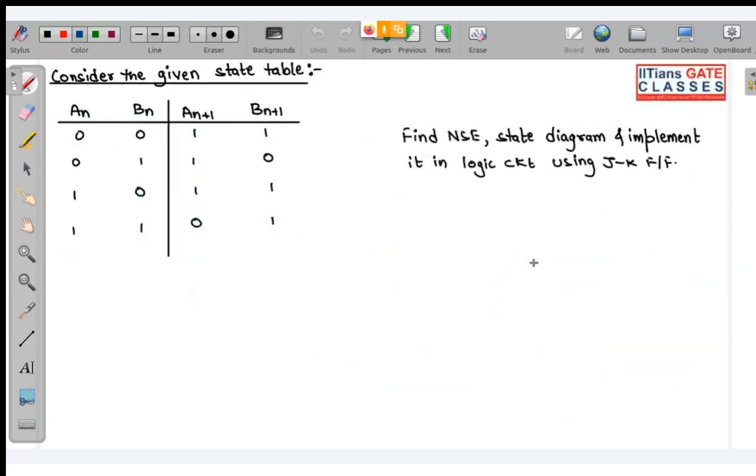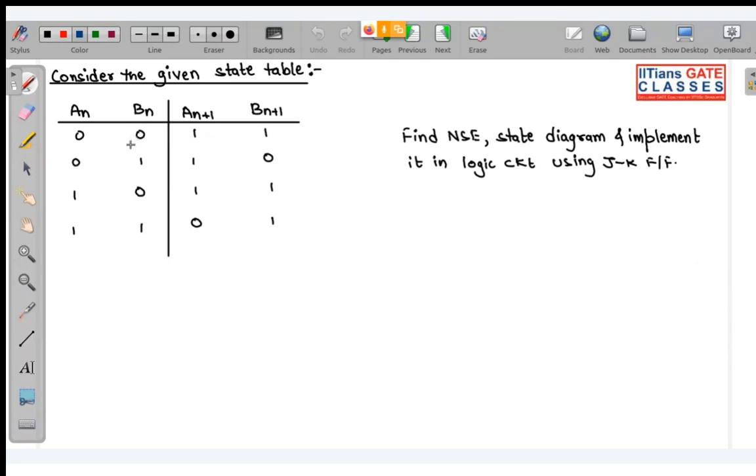Okay, if you guys don't have any doubt, I want you to look at this. From the question given over here, think about this just for a minute and tell me what you are going to do. Here they have given you a state transition table.